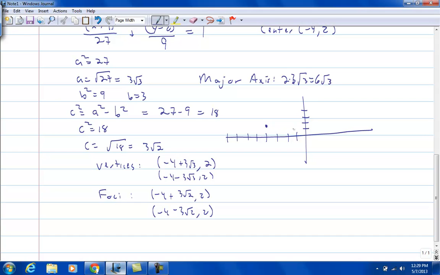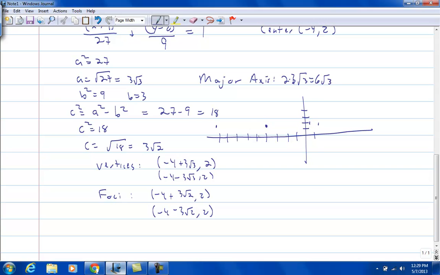So 2, 3, 4, 5. So we'll see out to there. And one, 2, 3, 4, 5 is a little further there. And as far as where those foci are located, let's see, the square root of 18 is going to be a little more than 4. So 1, 2, 3, 4.